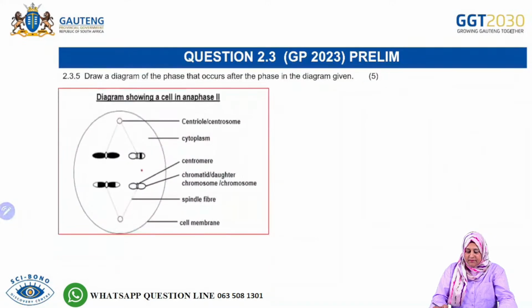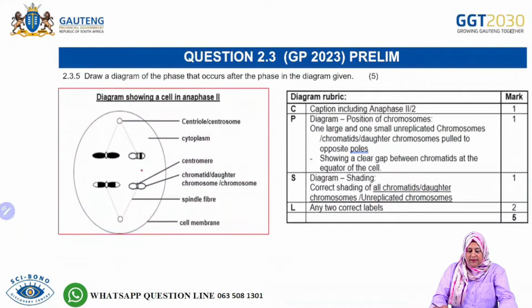Right? So I just want to show you the rubric here. You must have a caption to say that this is a diagram. You're drawing a diagram of a cell in anaphase 2, because remember the first phase was metaphase 2. You must have a caption, your position of your chromosomes, a large one, a smaller one. The shading must be correct, and any two correct labels.